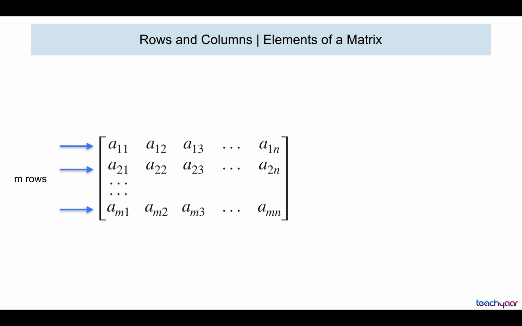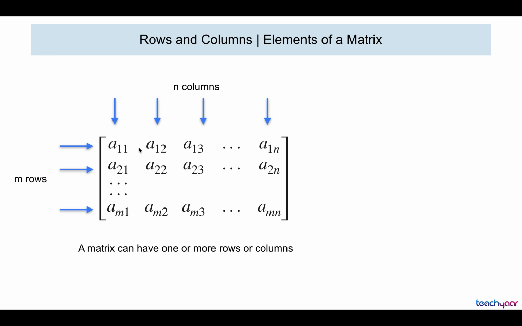And so this matrix now has m rows, going from A11 all the way down to the row starting with Am1, and it has n columns, starting from the column with A11 all the way to the column starting with A1n. So a matrix can have one or more rows and columns.